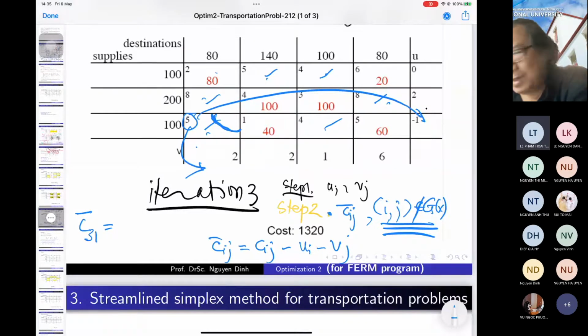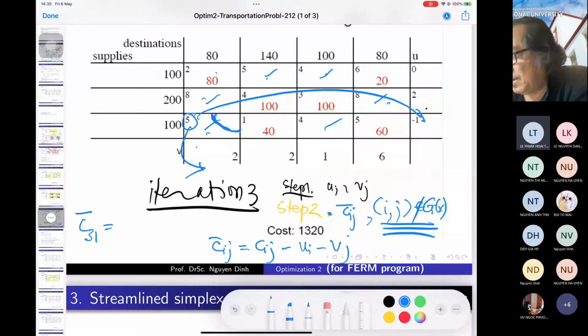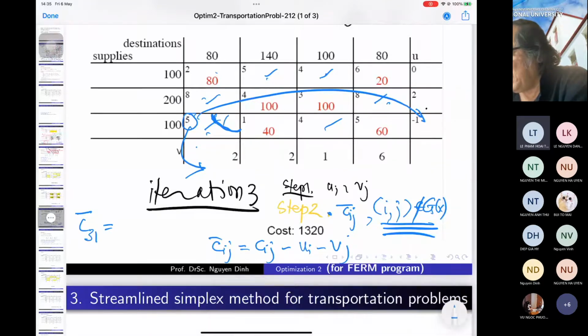Then it's equal to what? No, sorry, 5 minus 2 is 3, and minus 1, then it is 2, really. Okay, thank you. It is 4.